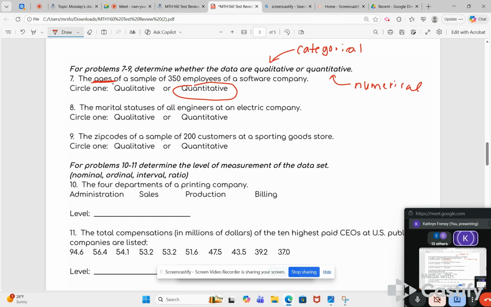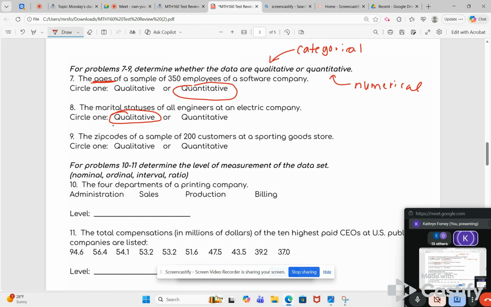Age is numbers, so quantitative. Now, the marital statuses of all engineers. The marital status is either going to be single, married, and so forth. So, is that qualitative or quantitative? Qualitative, that's not numerical.